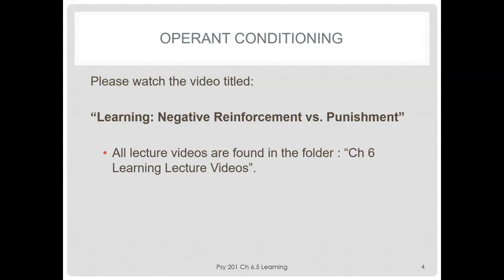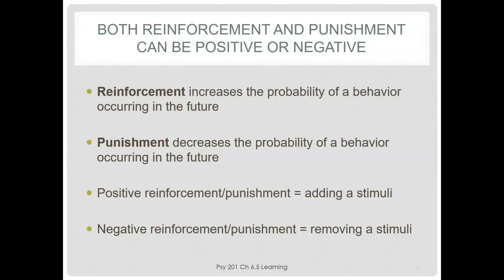Welcome back. So the concept of negative reinforcement versus punishment can be kind of complicated, and I'm hoping that as we go through examples, I'll be able to clarify that for you. So again, reinforcement increases the probability of a behavior. Punishment decreases the probability of a behavior.